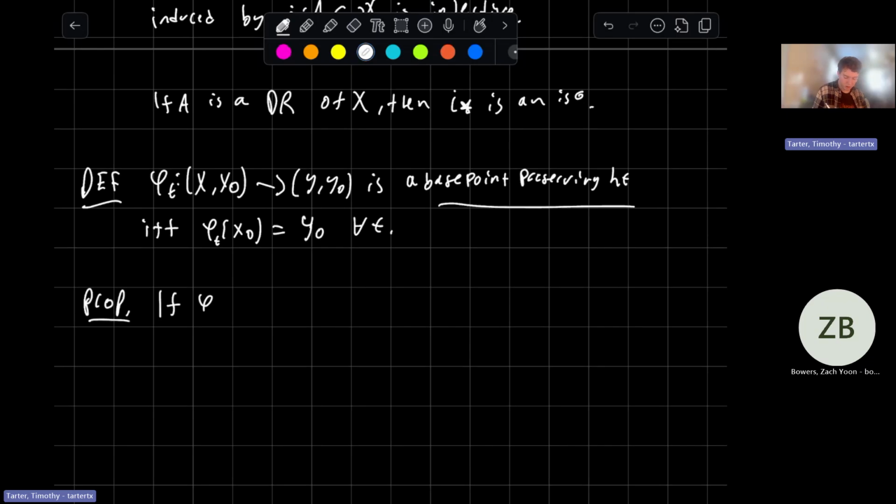Proposition: if phi t is a base point preserving homotopy, then phi 0 star is equal to phi 1 star.